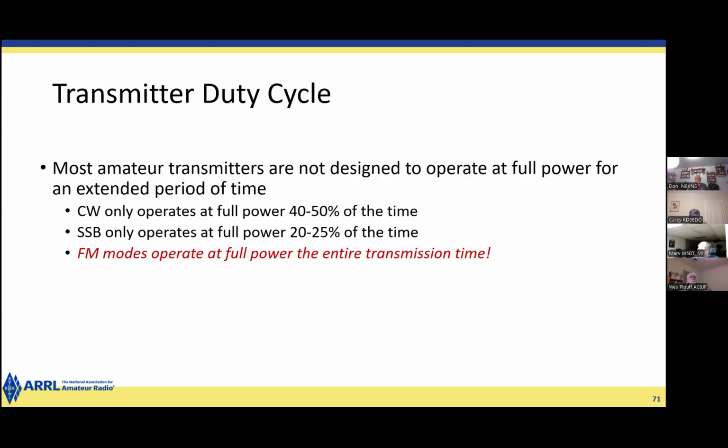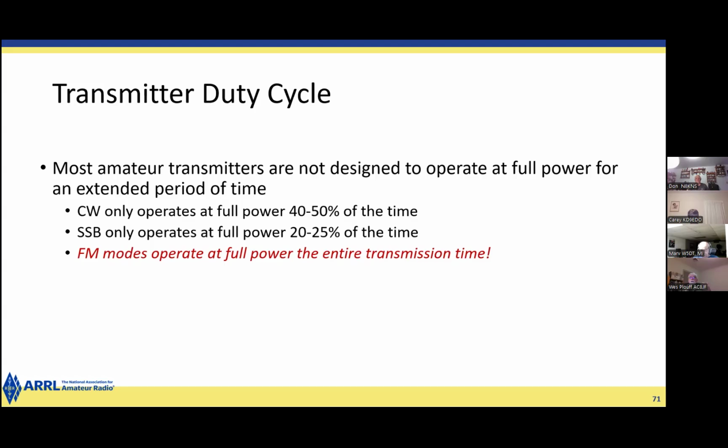And then for CW, you're keying the transmitter on and off. So CW, because of the spaces between dits and dahs, you're only operating at full power 40 or 50% of the time.